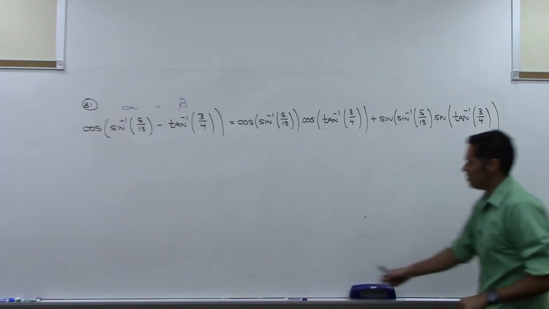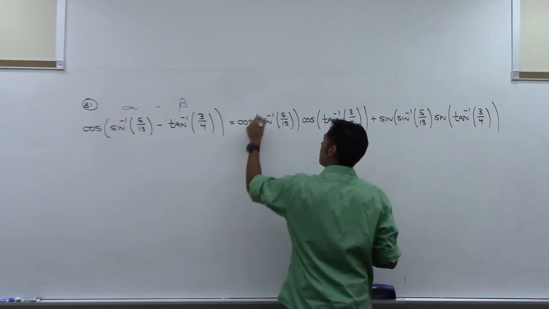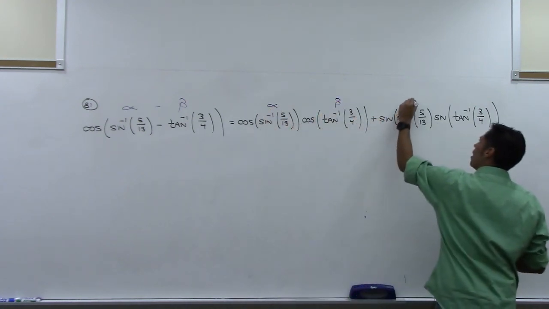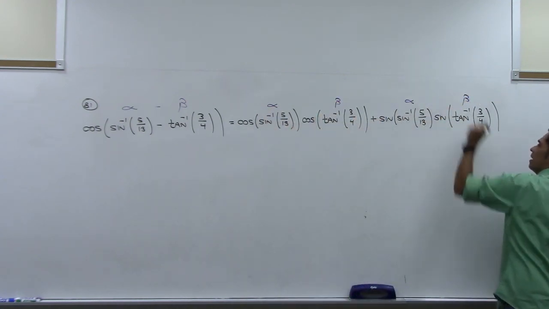Just again to stress this, we have cosine alpha, cosine beta, plus sine alpha, sine beta.